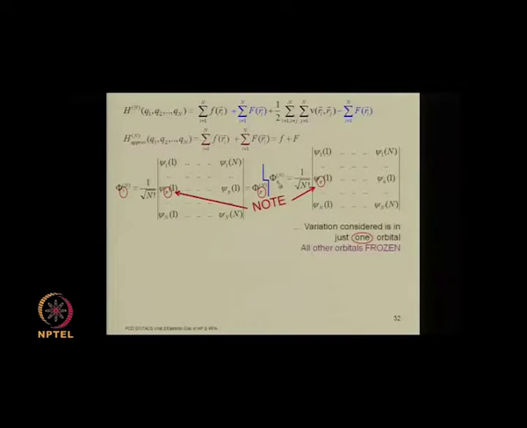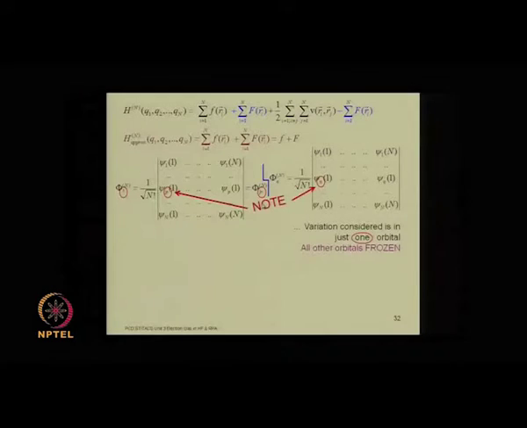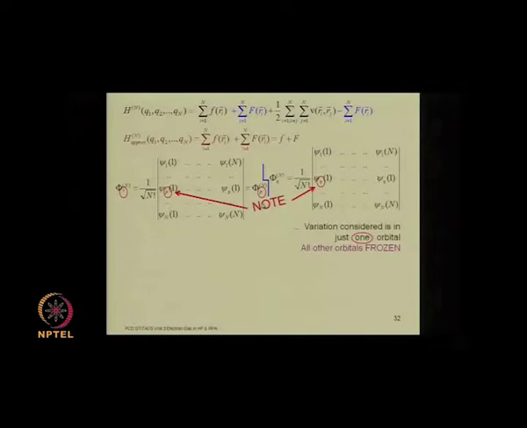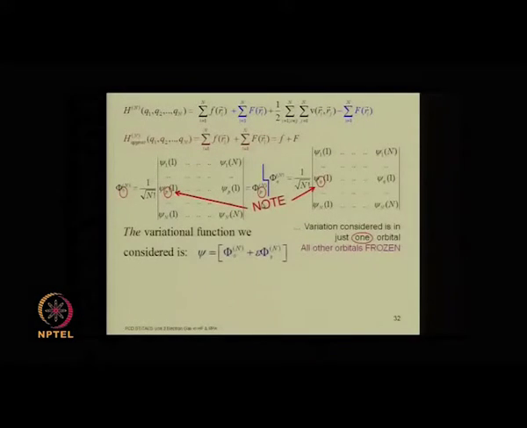Phi q is the excited state in which just one orbital is different, all the remaining n minus 1 orbitals are essentially the same, and this is the frozen orbital approximation that we are using.